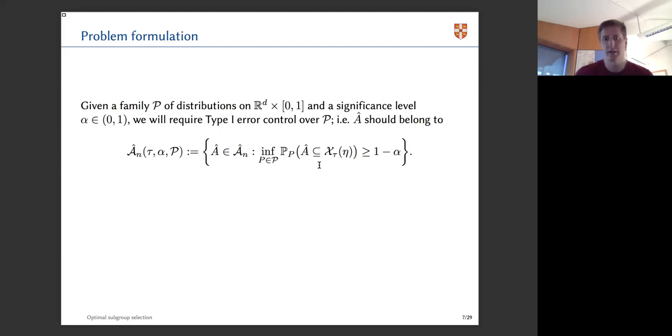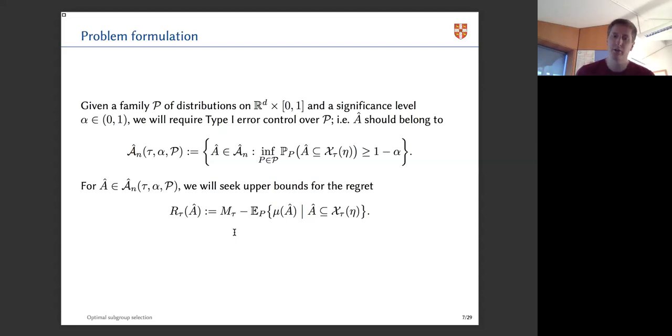So the set of such data-dependent selection sets is a subset of all of them, and I'll write this subset as curly A hat n with tau, alpha, and curly P. So I want to output something belonging to this set, and then I know it satisfies my type 1 error control requirement.